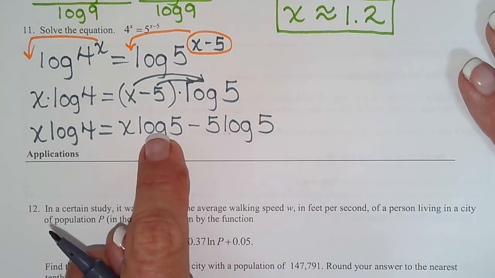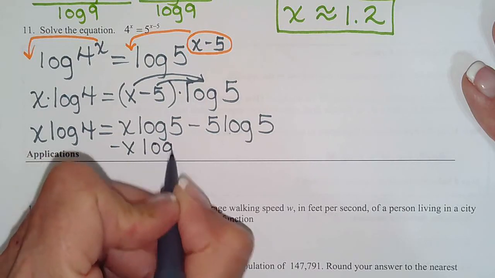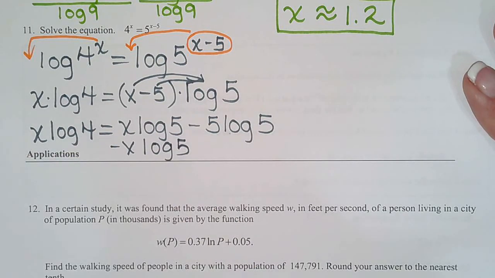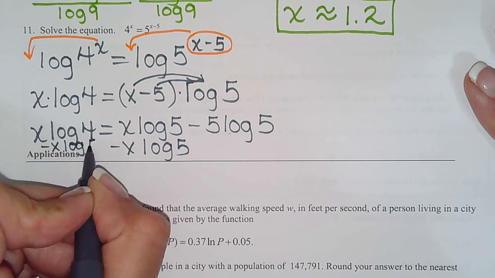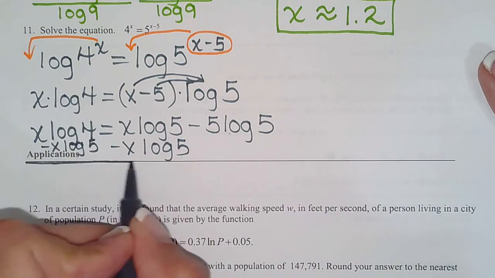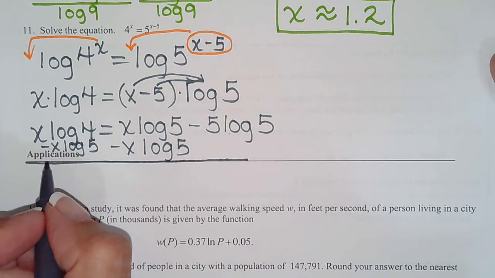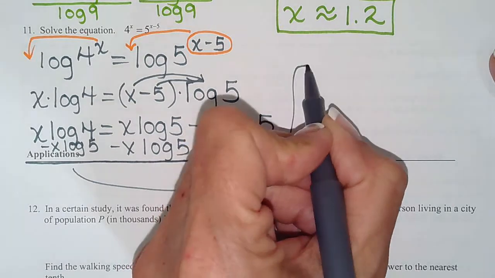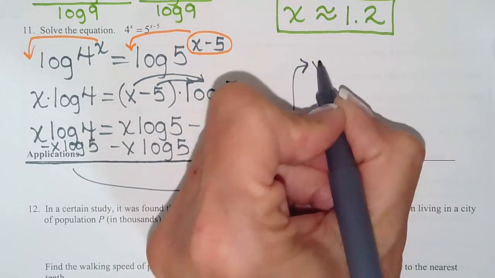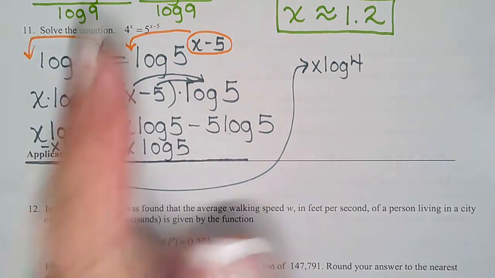So that should be step number 1. Move that x over to the left. So minus x log 5 on both sides. So my new problem is, I think I'm going to put it over here, x log 4 minus x log 5.